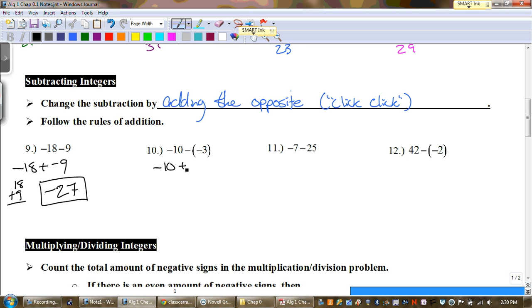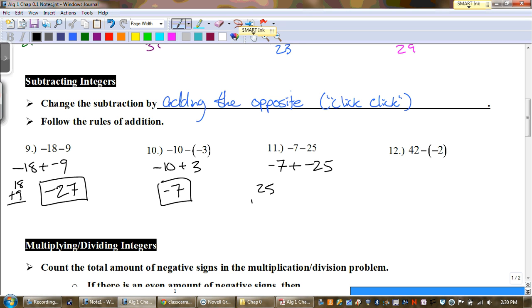Okay? Add the opposite, that just turns to negative 10 plus 3. They're opposites, so we subtract. 10 minus 3 is 7. Okay? Add the opposite.